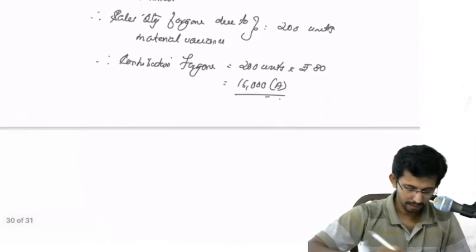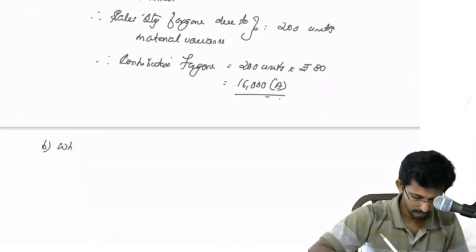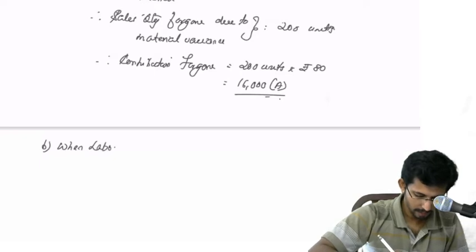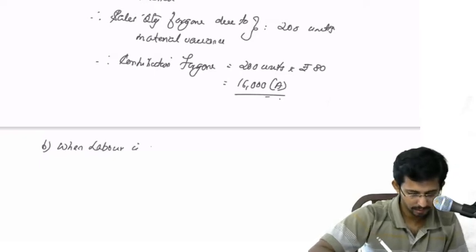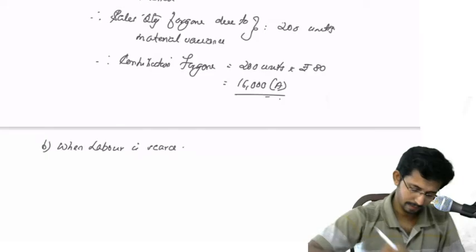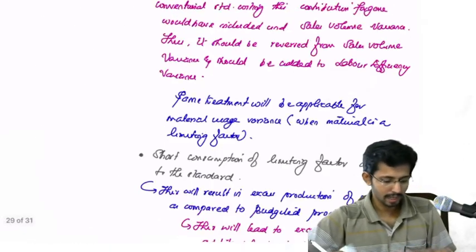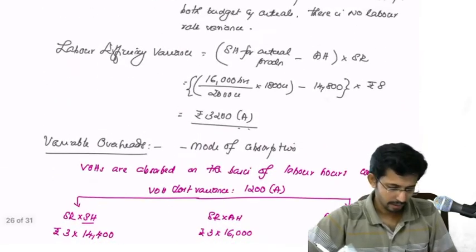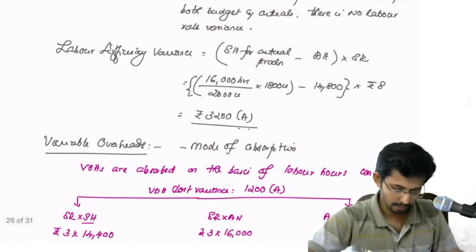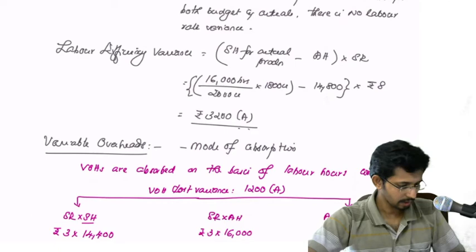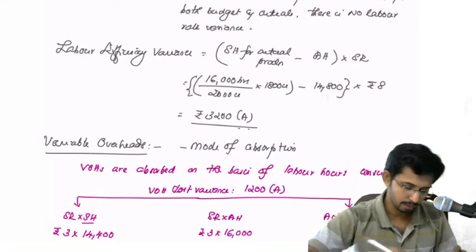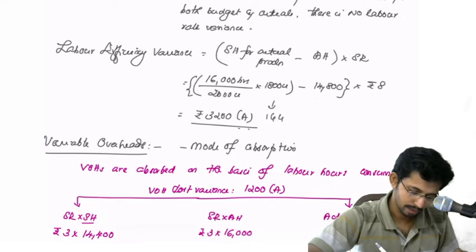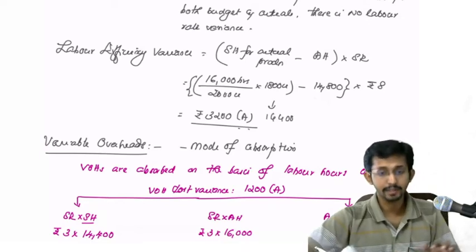Okay. Now similar calculation you have to do for labor. B, when labor is scarce. Okay, you have to see standard quantity required and actual quantity. Labor standard was how much? 16,000 divided by 2,000 into 1,800, that is 14,400. 14,400 and 14,800.